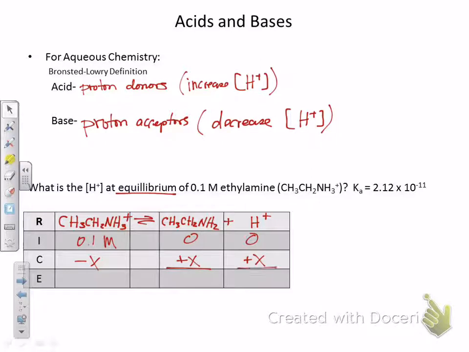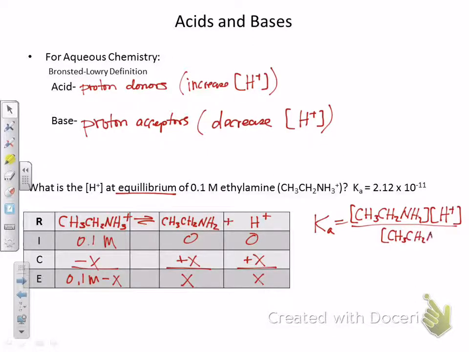Now we can go through and add those three columns up, and we end up with algebraic values here that we'll have to solve for using a single equation and this single unknown of X. So we write our K expression, substituting in our values from the bottom of our RICE table.